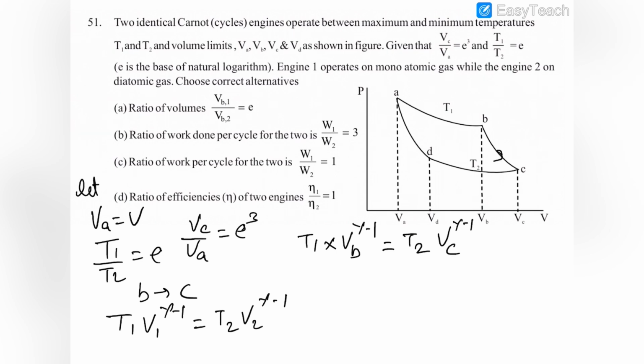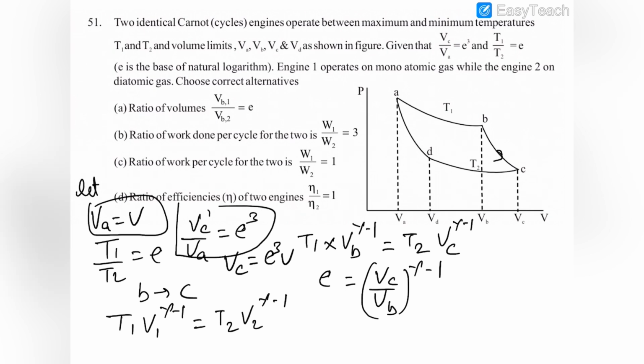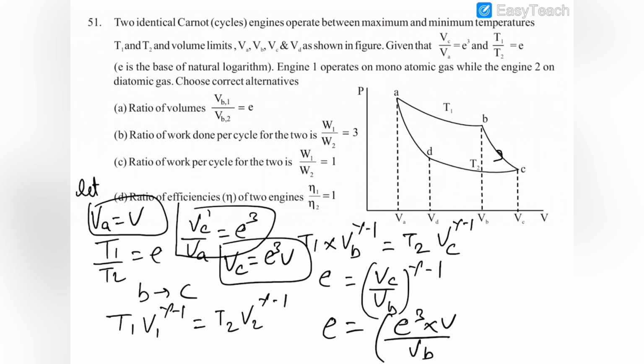Now this T1 by T2 is equal to e, so e is equal to Vc by Vb to the power gamma minus 1, where we can substitute Vc as e cube into V. So e is equal to e cube into V divided by Vb, whole to the power gamma minus 1.